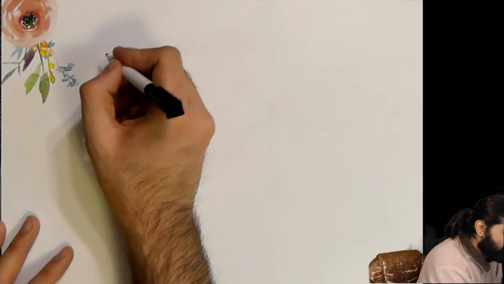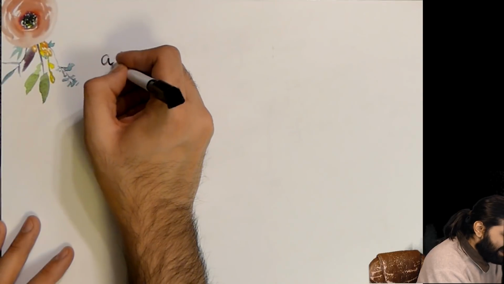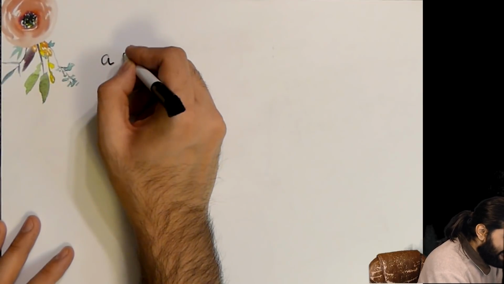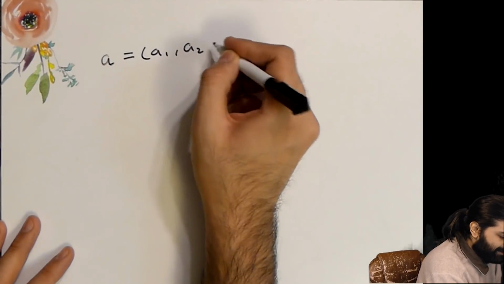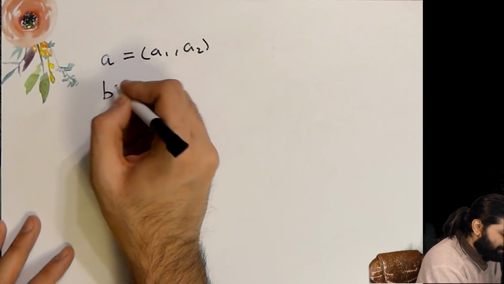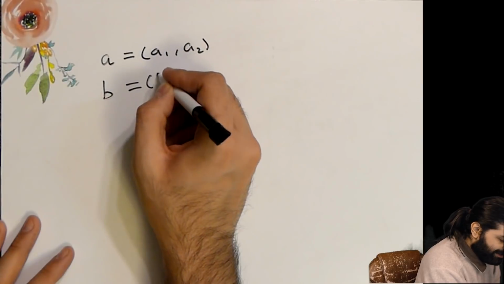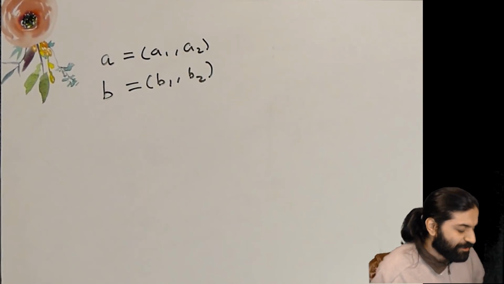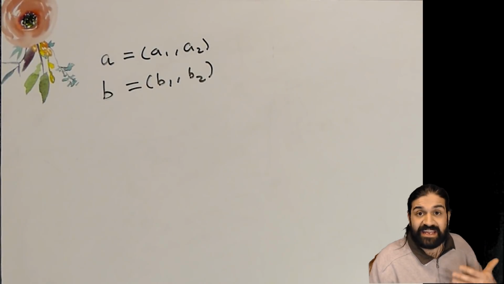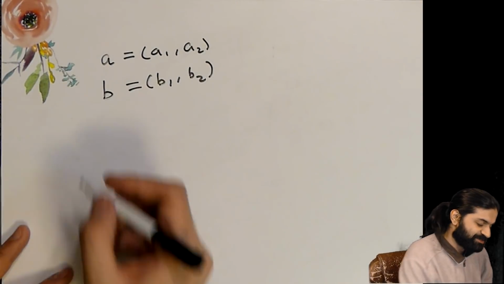So let's say you're working in 2 dimensions. You're working in a 2-dimensional Euclidean space, and you have a vector A, a 2-coordinate vector, A1, A2, and another one, B, B1, comma, B2. Now, one thing you might remember is that you can compute an inner product or dot product of these 2 vectors.